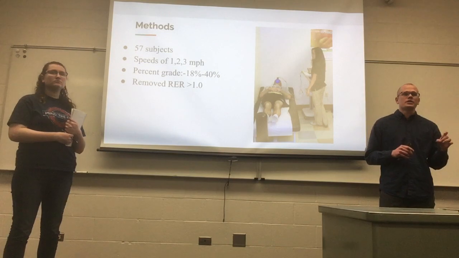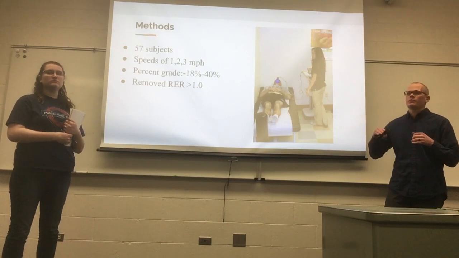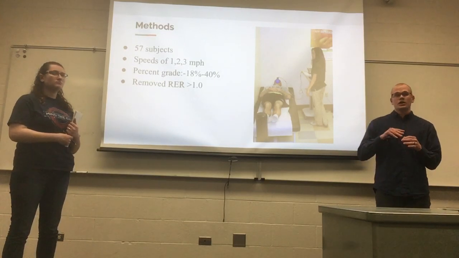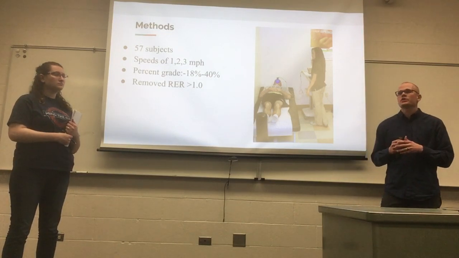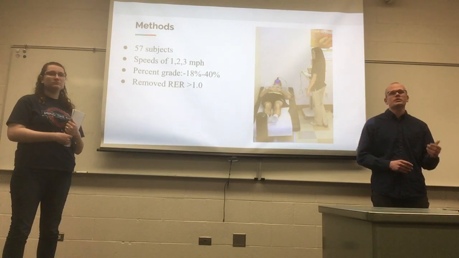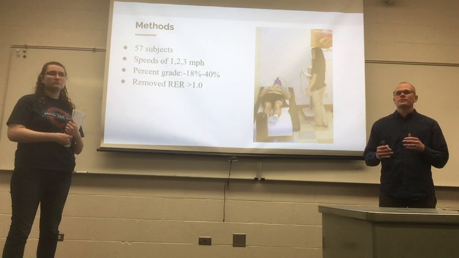Each subject started at negative 18% grade, then negative 15% grade, and progressed up to positive 40% grade in increments of 5% grade. And each subject was allowed to rest for 1 to 10 minutes depending on the subject's needs between each trial.